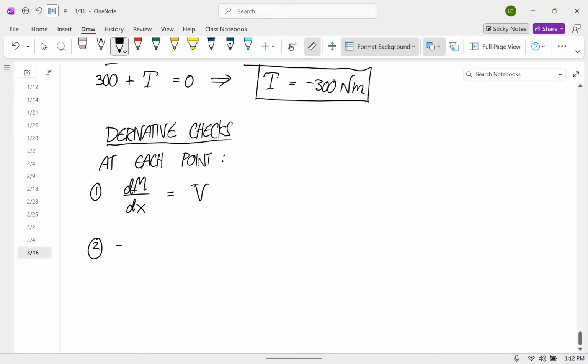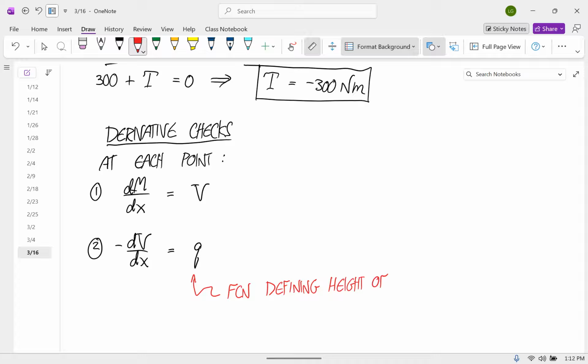And second, the negative derivative of the shear force with respect to x has to be equal to q, that function that defines the height of the distributed load, for each x.